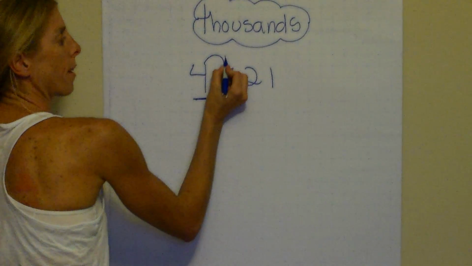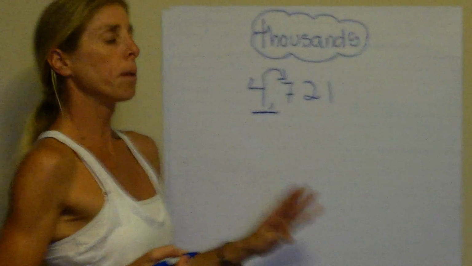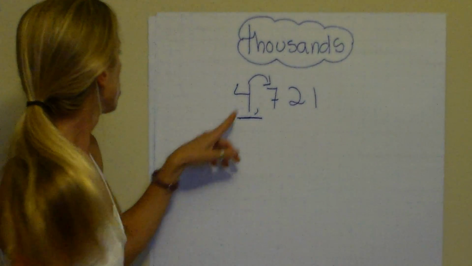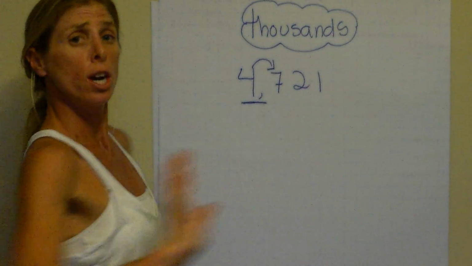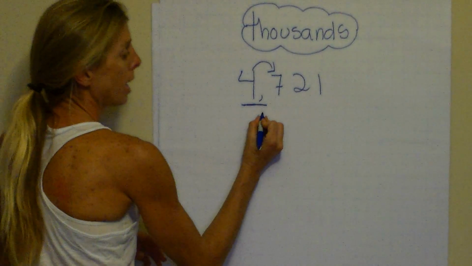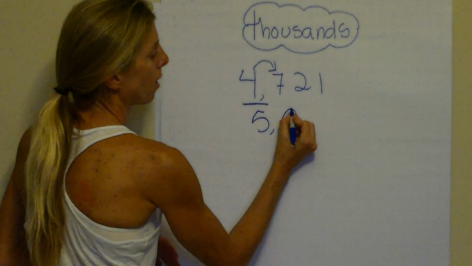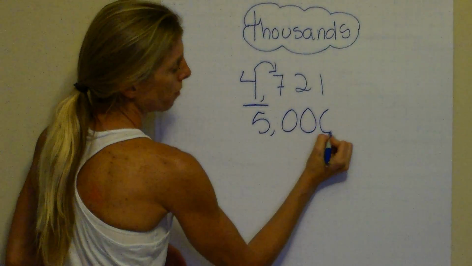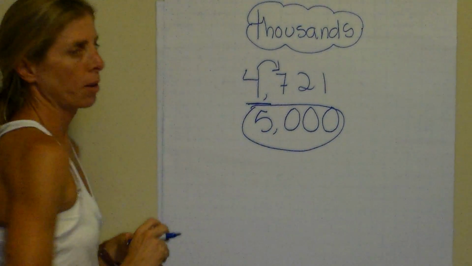And then you look to the right. 5 or above, you give that underlined number a shove. 4 or below, you leave it alone. So the 7 is 5 or above. So I am going to shove that underlined number, and it becomes a 5. Everything after it becomes a big, fat 0. And you have 5,000.